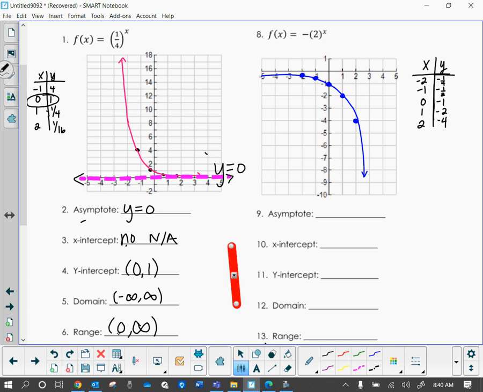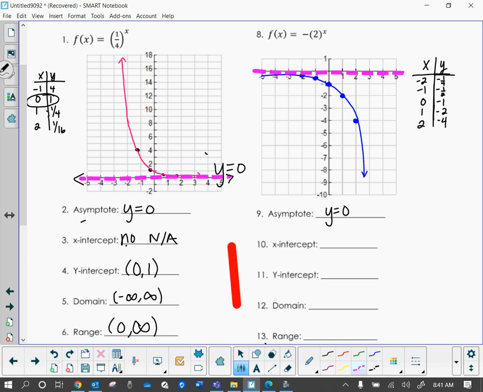Okay, the asymptote here is still y equals 0, because it doesn't go above that, right? Does it cross the x-axis?